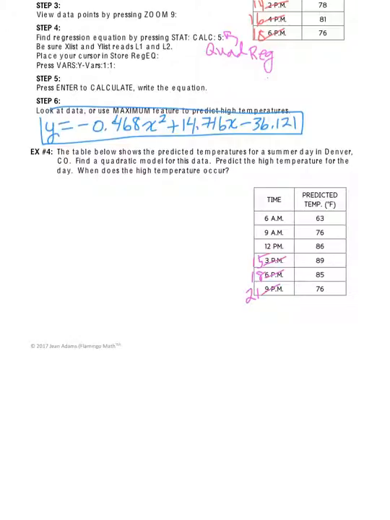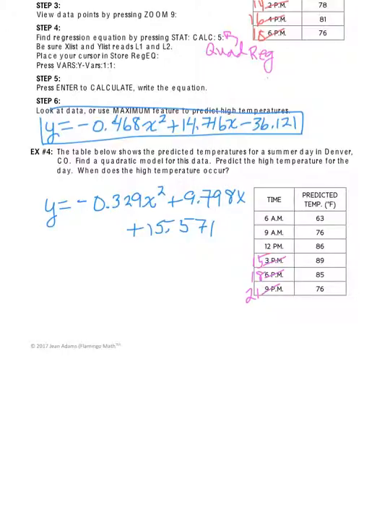Then when you plug this into your regression analysis, you should get y equals negative 0.329 x squared plus 9.798 x, and then plus, I'm running out of room, 15.571 for your equation.